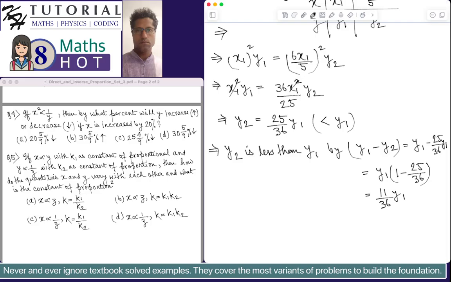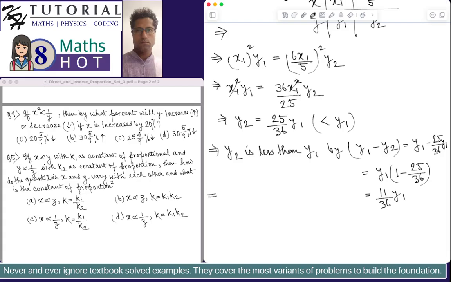It is asking by what percent y will increase or decrease, that is, we need to find the percentage by which y2 is less or more than y1. We have already found that y2 is less than y1 by 11 by 36 of y1.